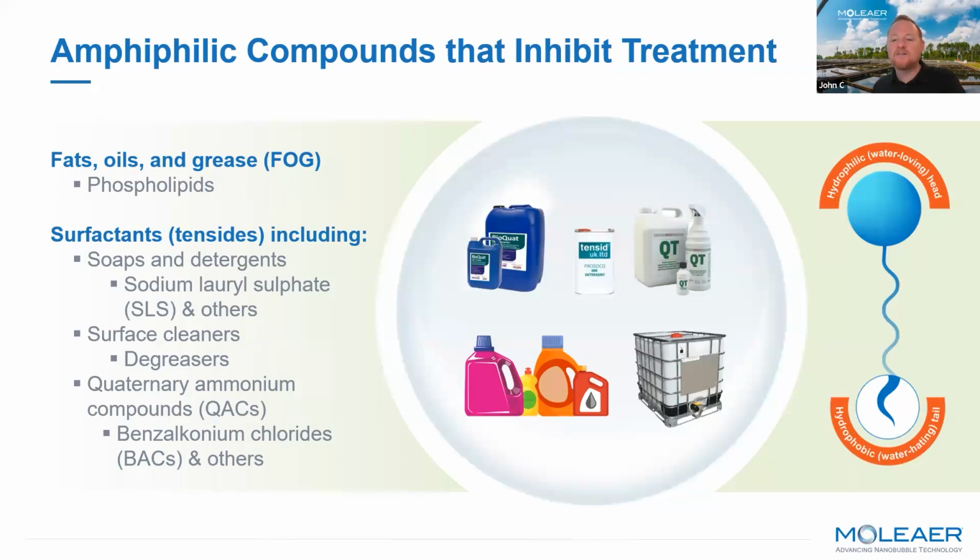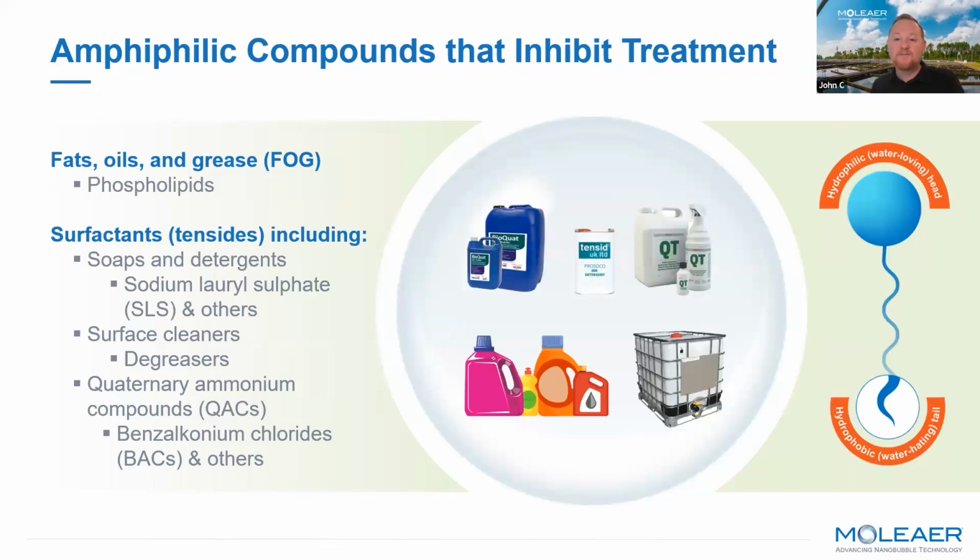These chemicals are found in our shampoos and conditioners, in our body wash, everything that we use to remove oils, such as laundry detergent and dishwasher detergent, which contain a common surfactant. The most common of them is sodium lauryl sulfate, but we also use all sorts of other surfactants in industrial settings, such as surface cleaners and degreasers.